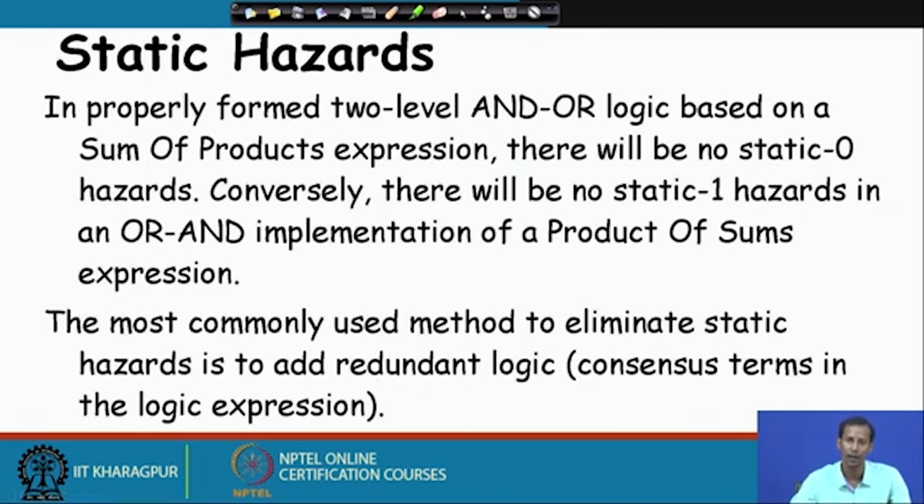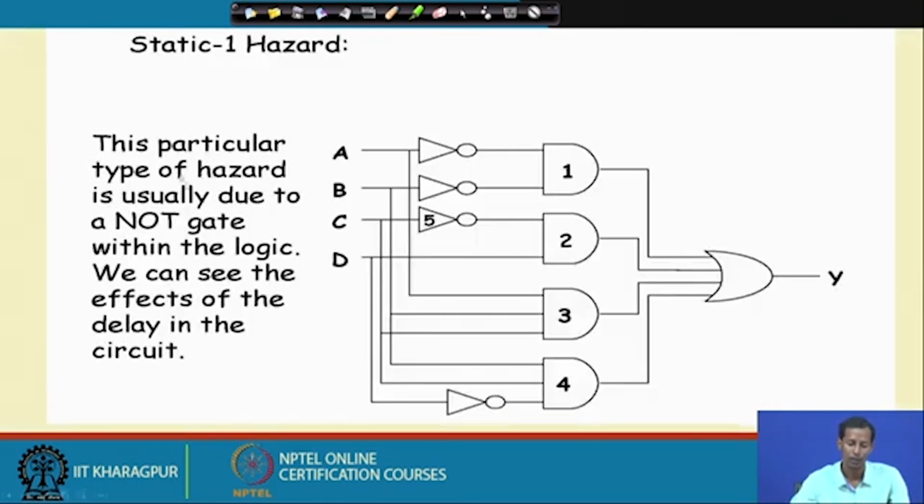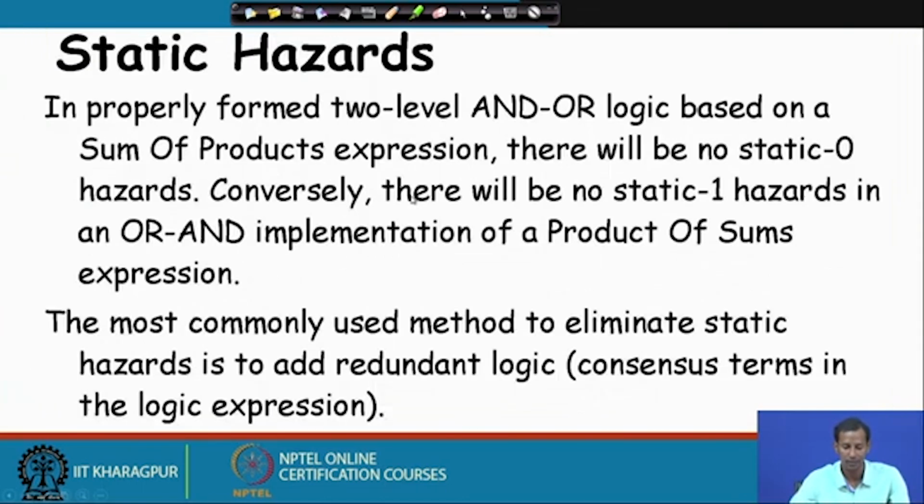How to add redundant logic, we will also see. In AND-OR logic there will be no static 0 hazard, but static 1 hazard will be there. Just the opposite in OR-AND implementation, or product of sums; AND-OR means sum of products.